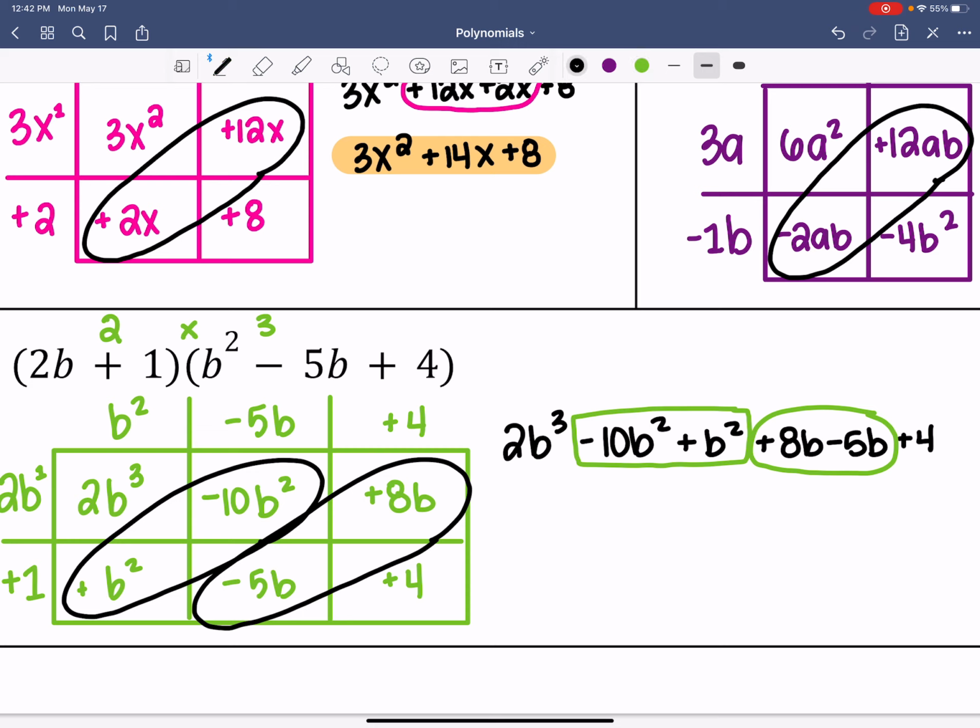So that's going to give us 2b to the third. Now negative 10b squared plus b squared, that's going to be negative 10 plus 1, which is negative 9b squared. 8b minus 5b, 8 minus 5 is positive 3b plus 4.